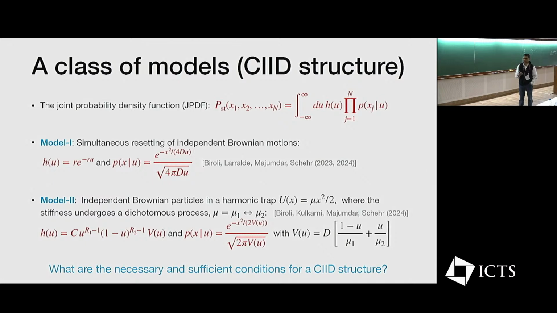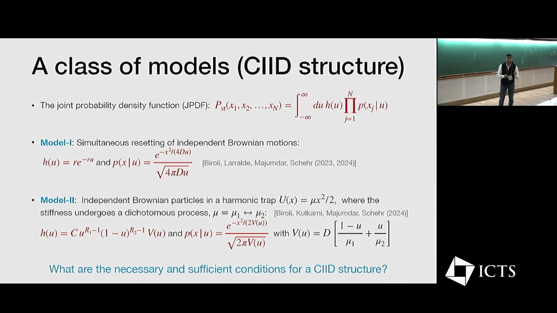The first model was resetting Brownian motion. We have already heard 2 or 3 talks about resetting Brownian motion. But here, instead of one particle, you have a large number of particles, n particles, and you let them evolve independently. Then you reset them all together at the same time. Then again they evolve independently and you simultaneously reset them.